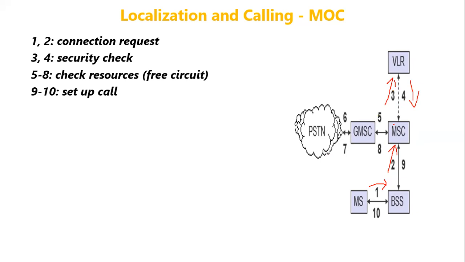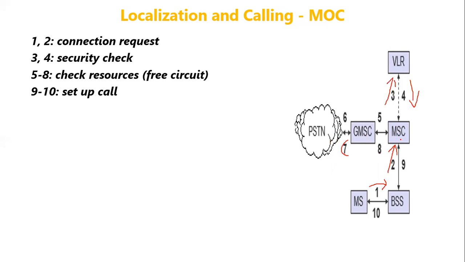Now MSC knows where the destination is, whether the destination is a mobile device or a fixed network. Okay. Here we are assuming it as a fixed network. So MSC places a request to GMSC, and then GMSC connects with the actual public switched telephone network, and then the connection will be established, and that will be communicated back to GMSC in step 7, and again to MSC through step 8.